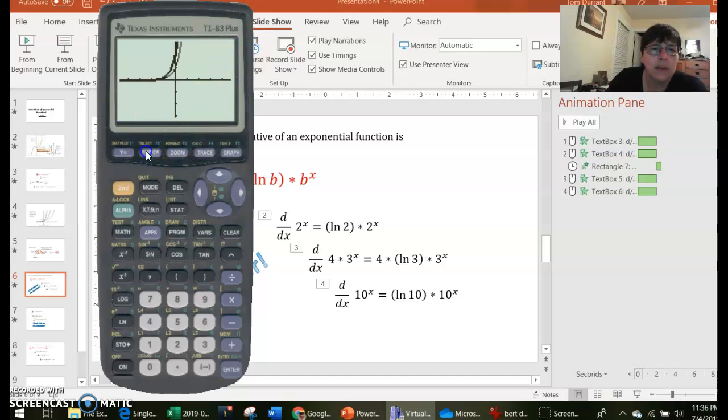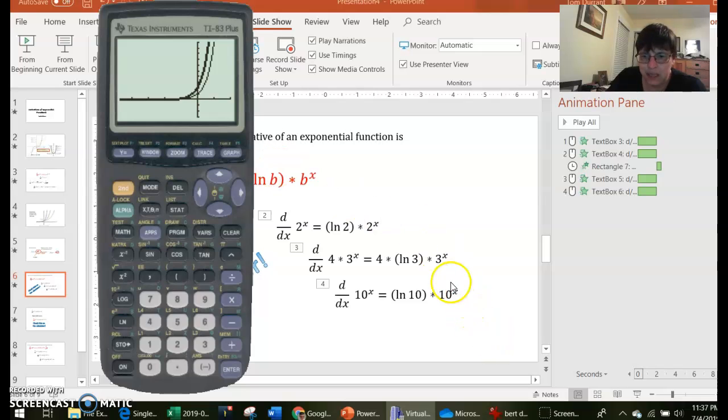Window, let me just go to 2 and change this one to, I don't know, 10. Graph. So 10 to the x, and it's going to go up almost twice as fast. Yep, you see how right there it crossed the y-axis really close to 2?